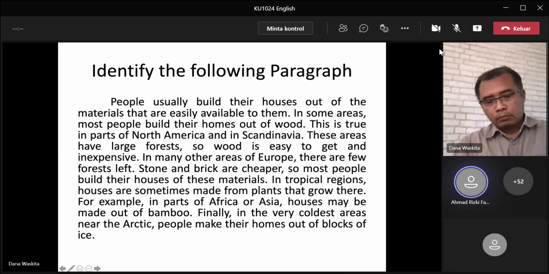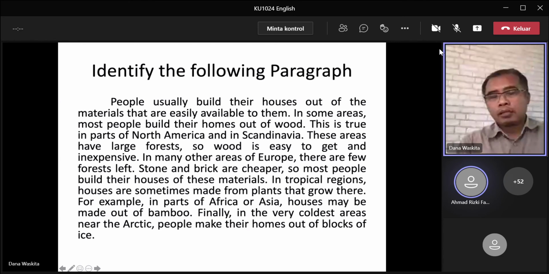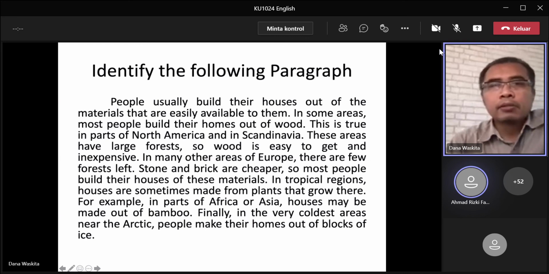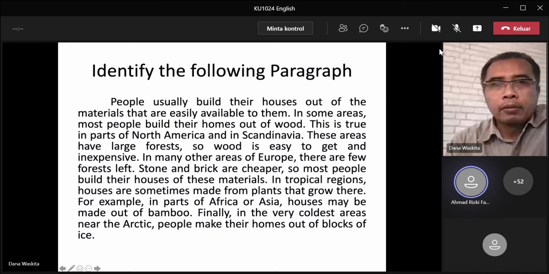The main topic. Find the topic sentence, Rizky. The first sentence: People usually build their houses out of the materials that are easily available to them.